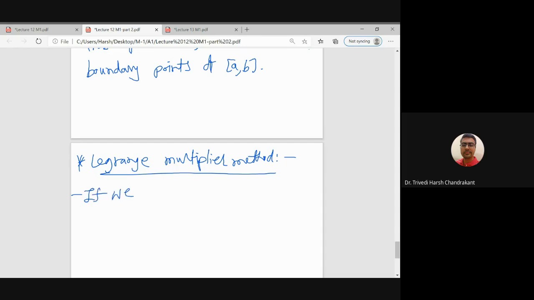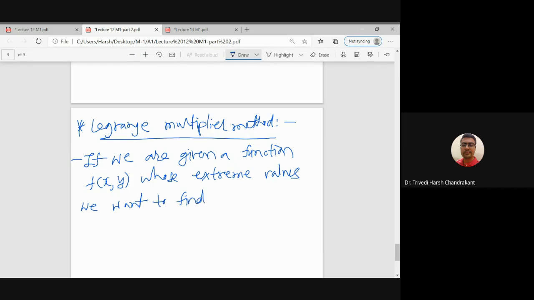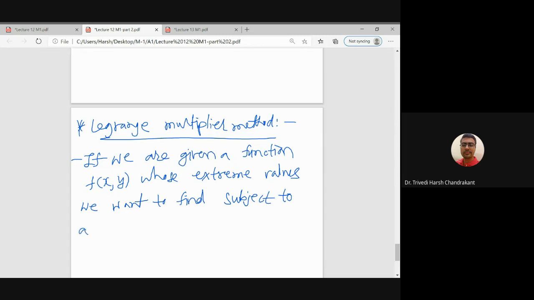So if we are given a two variable function whose extreme values we want to find subject to some boundary condition, the boundary condition is an equation.